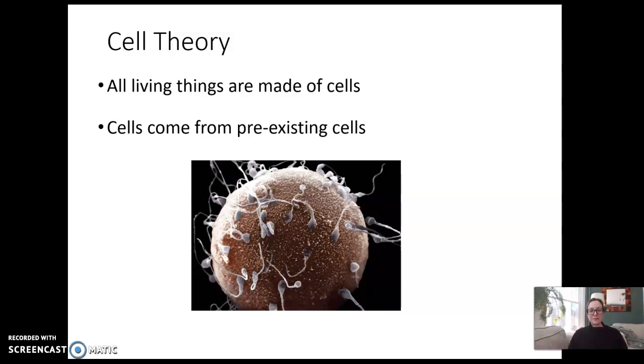This is a picture of a human egg cell and sperm cells trying to fertilize it. So cells all come from pre-existing cells. We all start as an egg cell, and our cells multiply through the process of mitosis until we have thousands and millions and eventually trillions of cells making up our body.